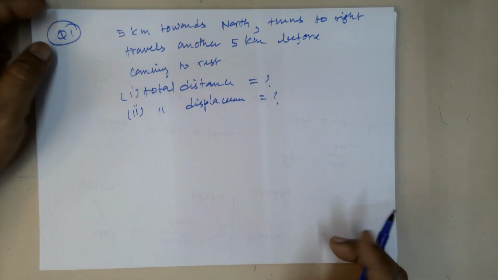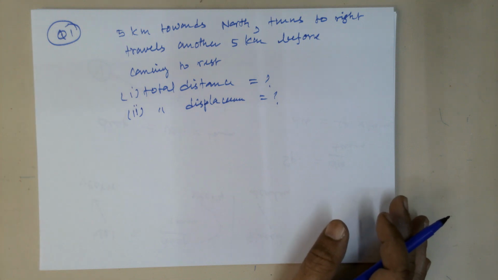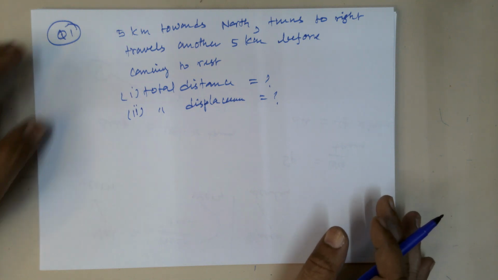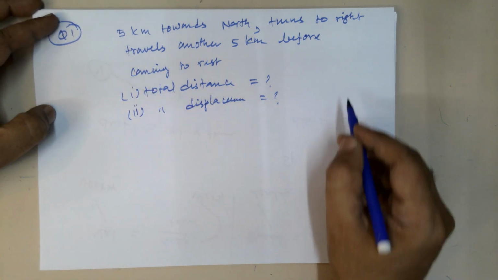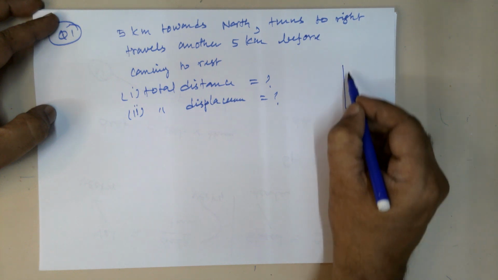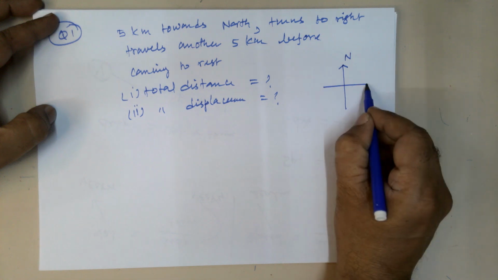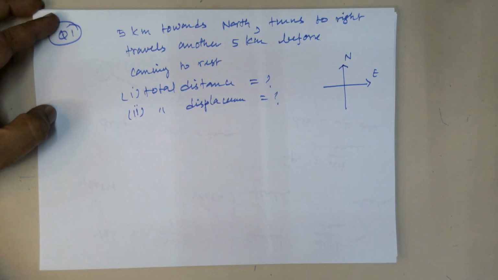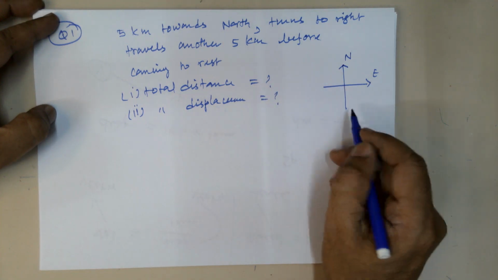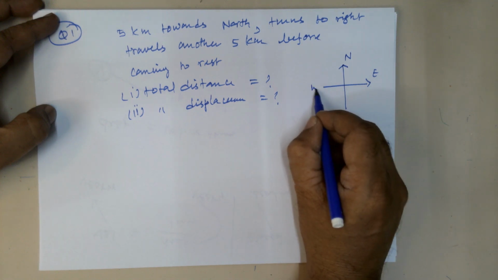Now listen. Always draw some reference diagram for any physics or chemistry problems. Okay. Now given 5 kilometer towards north, you know very well how to indicate the direction. Head is north and right side is always east. Okay. So naturally down is south, the left is west.